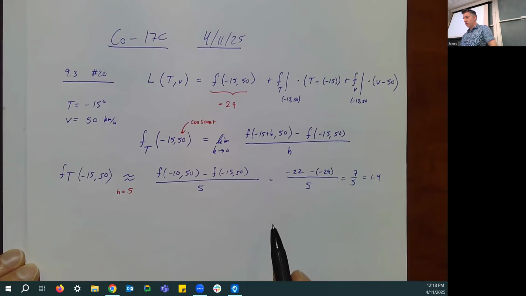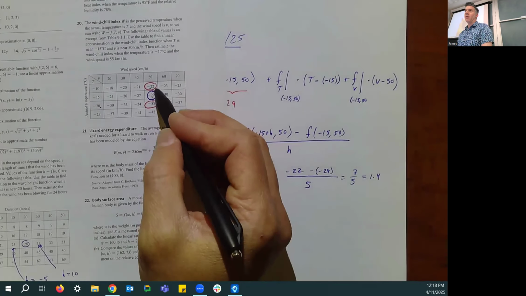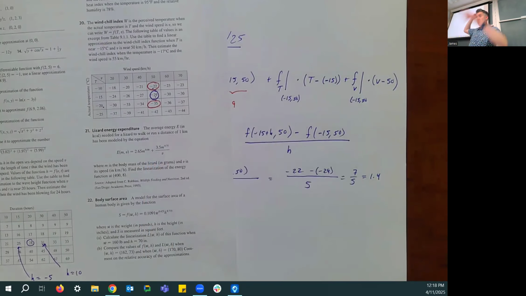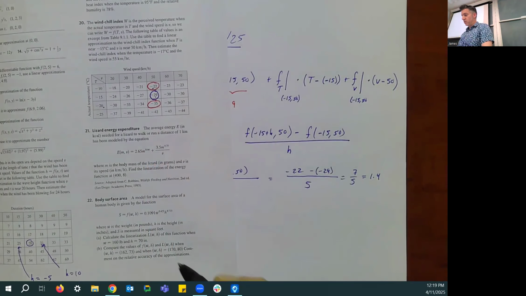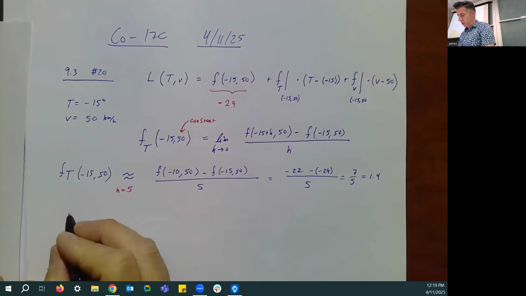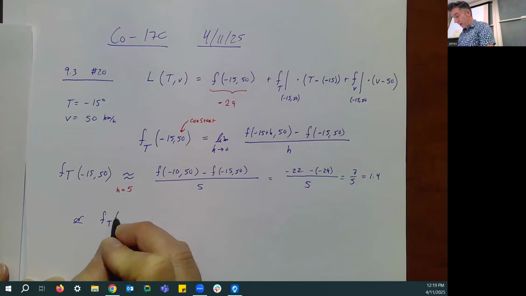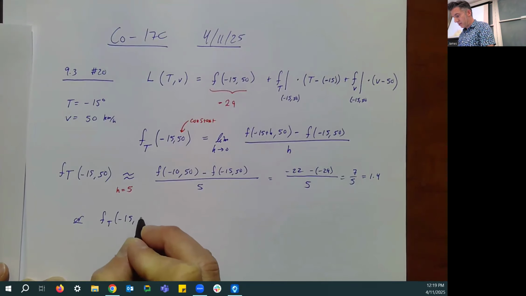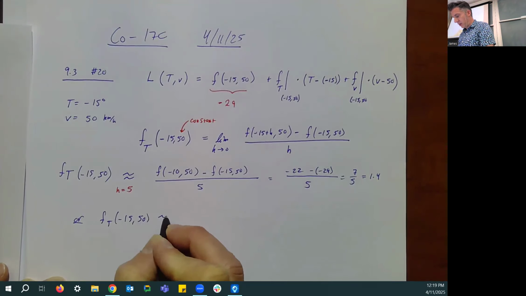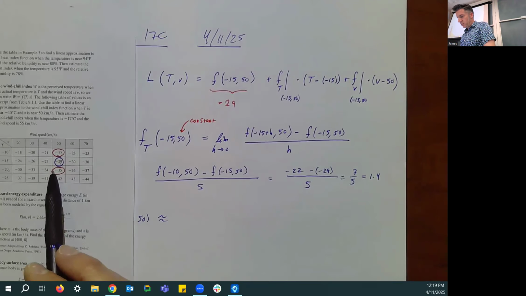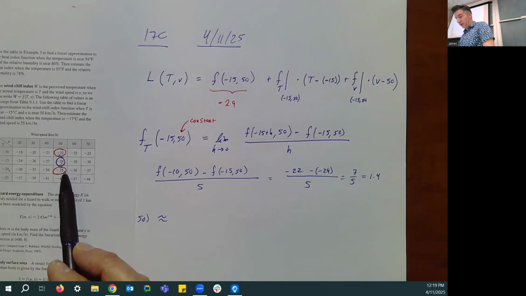Okay, the other way, so really we're just taking the following. We're finding the difference between the outputs divided by the difference in the inputs, the delta F over delta, whatever your input is, either delta T or delta V. So to do this other one, the partial derivative is still at the same point. I'm just taking the difference between these two values, the -29 and the -35, and dividing by the difference in the temperature.